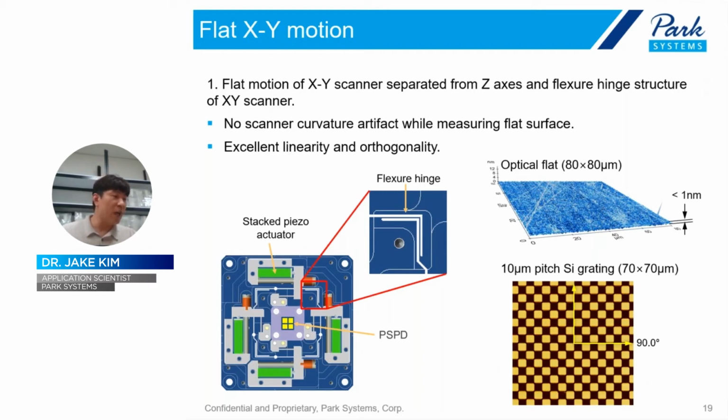So to be a good AFM, the representation of a flat surface with no imaging artifact is essential, with excellent linearity and orthogonality. And like this, the separated or decoupled XY scanner shows quite a flat surface without any image flattening process.